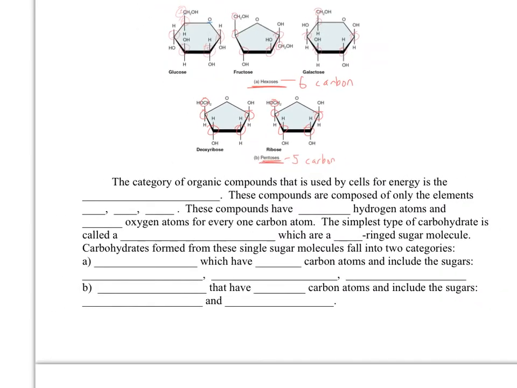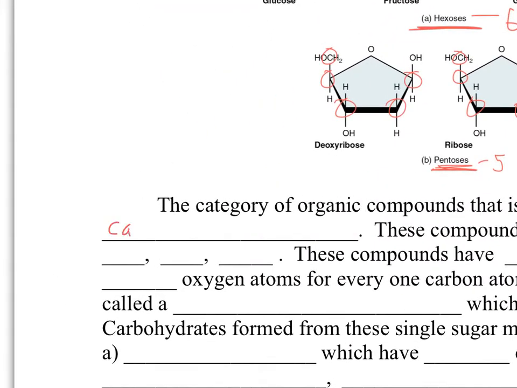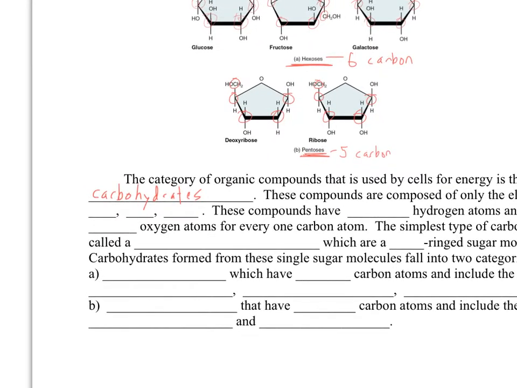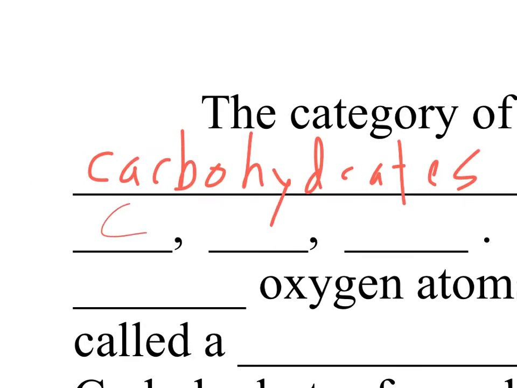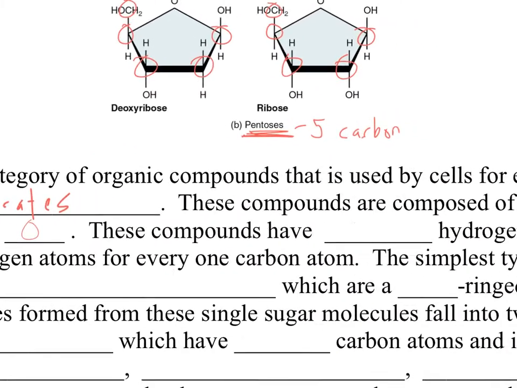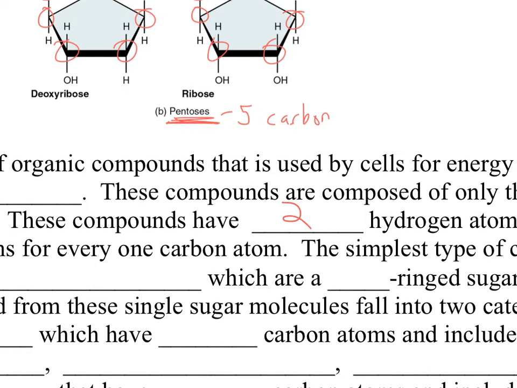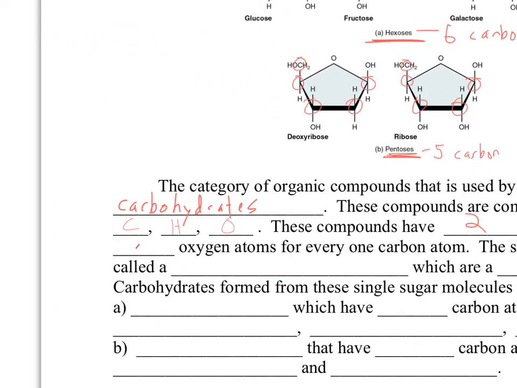All right, so it says the category of organic compounds that is used by cells for energy is the what? Carbohydrates. These compounds are composed of only the elements carbon, hydrogen, and what? What were the elements that made up a carbohydrate, guys? Carbon, hydrogen, and oxygen. This should not be new. These compounds have 2 hydrogen atoms and 1 oxygen atom for every 1 carbon.